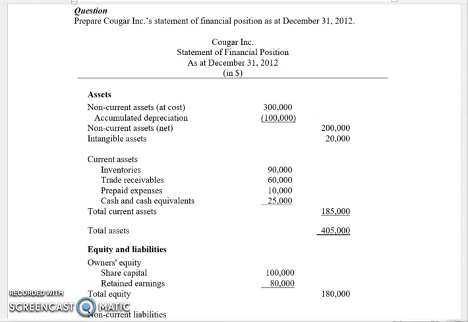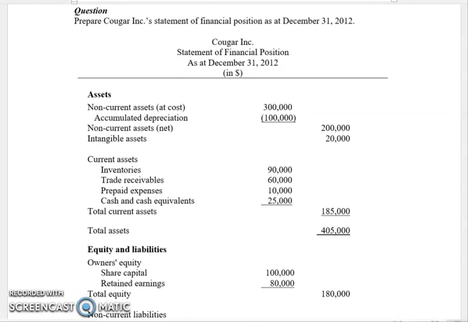Our current assets, if you remember, are something that is going to change within a year, most of them in less time than a year. So there we have our inventories, our trade receivables, or what we used to call accounts receivable, and prepaid expenses, so expenses paid in advance, such as prepaid insurance.